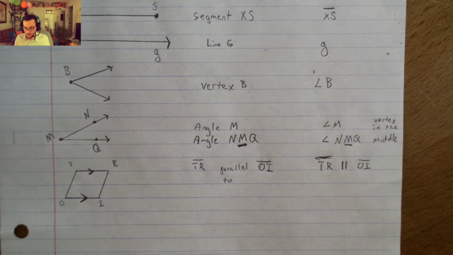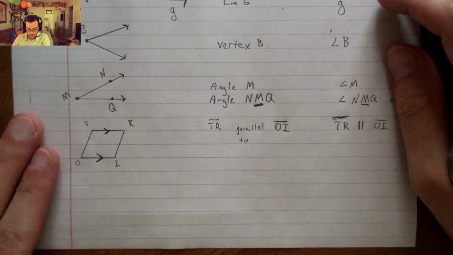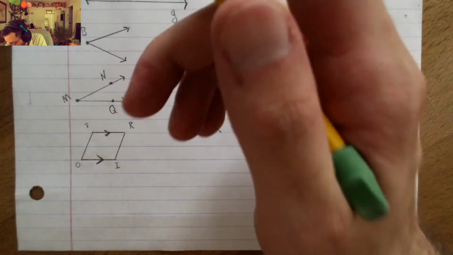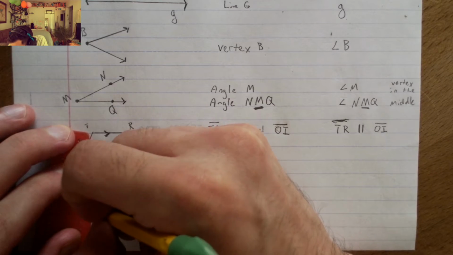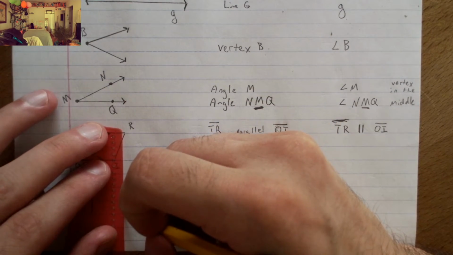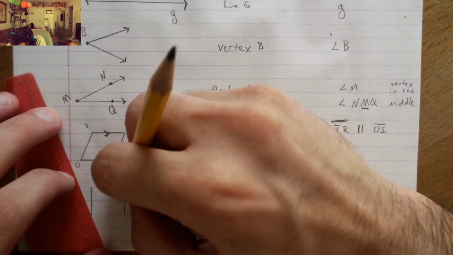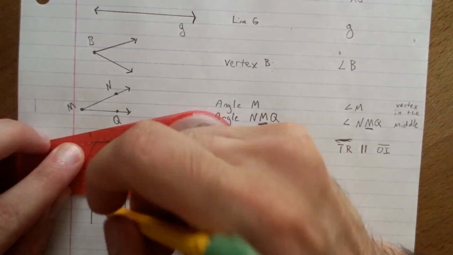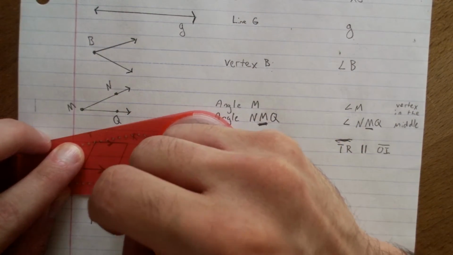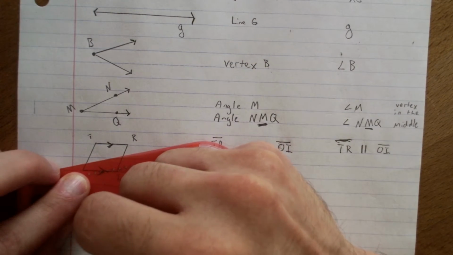And the last thing I'm going to show you here along the bottom of the page is congruency within these types of symbols. So you can pick any letters you want to label this rectangle that we have here. This little square.